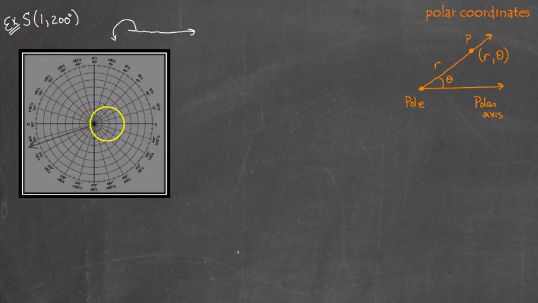And I'm going to label over here on my polar axis exactly as I would on a Cartesian axis. I'm going to call each of these intervals 1/2 of a point. So this would be 0.5 or 1/2. This would be 1, 1.5, 2, 2.5, 3, 3.5, and out here would be 4. So if I follow the 1 all the way around, that would be my distance from the pole to my point equal to 1.